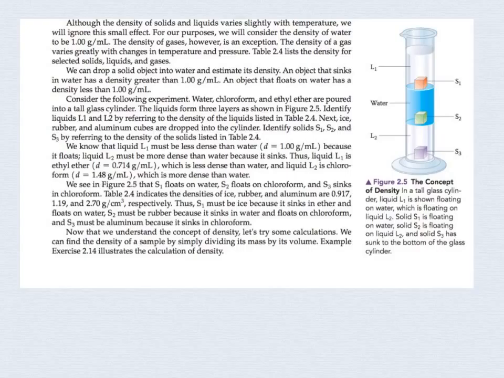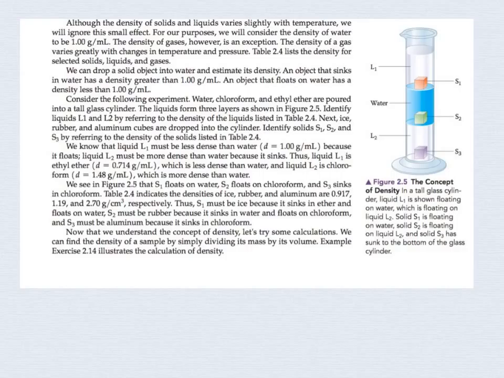I believe it's around page 47, somewhere in the range. It's figure 2.5, and it shows you a diagram with 3 layers of liquids. Layer 1 is the bottom, water is in the middle, layer 2, I guess, and on top of the water there's another layer. There are also 3 solids, S1, S2, and S3.